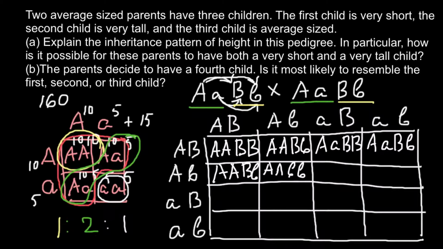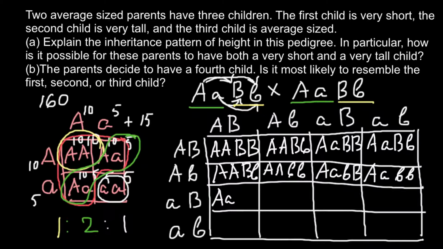So we just complete this table, and as you see, the genotypes would be as follows, and we have done our table.